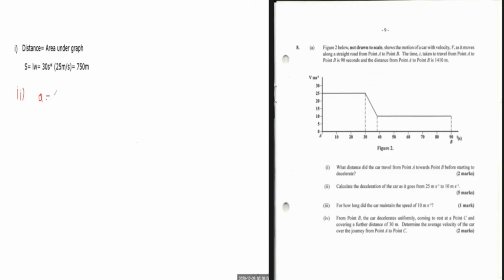Acceleration is equal to V minus U over t. The initial velocity is actually 25, so the final velocity V is 10, minus 25, over the time t, and the time t is 10 seconds.